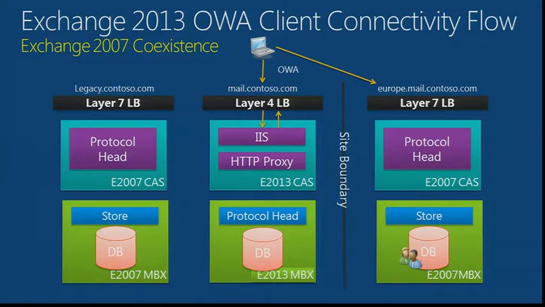So we go ahead and we redirect it over to here, and now they're talking to the 2007 server that's in the other site, and that server will talk to the store on their behalf. And now you've got your cross-site redirect. So the proxying, the redirection, that's still largely all working the same exact way. Okay, so it's just like we had in 2010, and the upgrade path is very similar from 2007 to 2010. It's just gotten better going from 2010 to 2013.